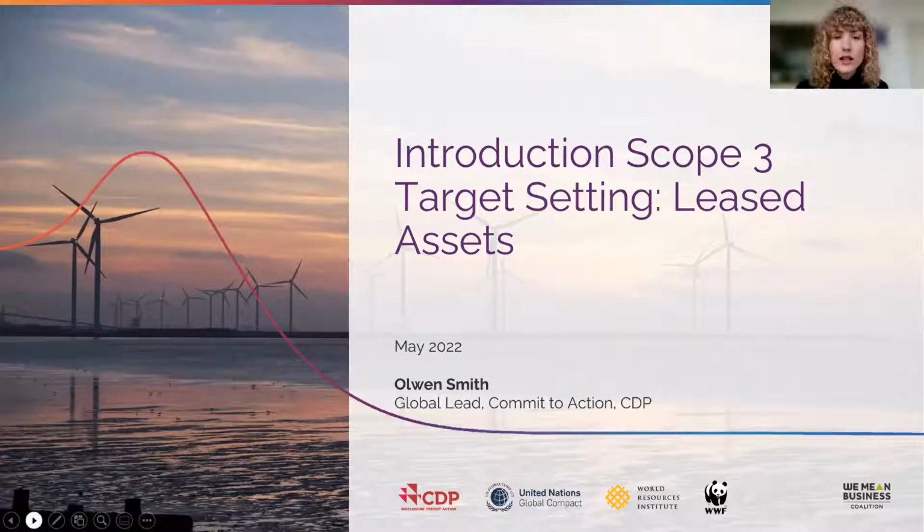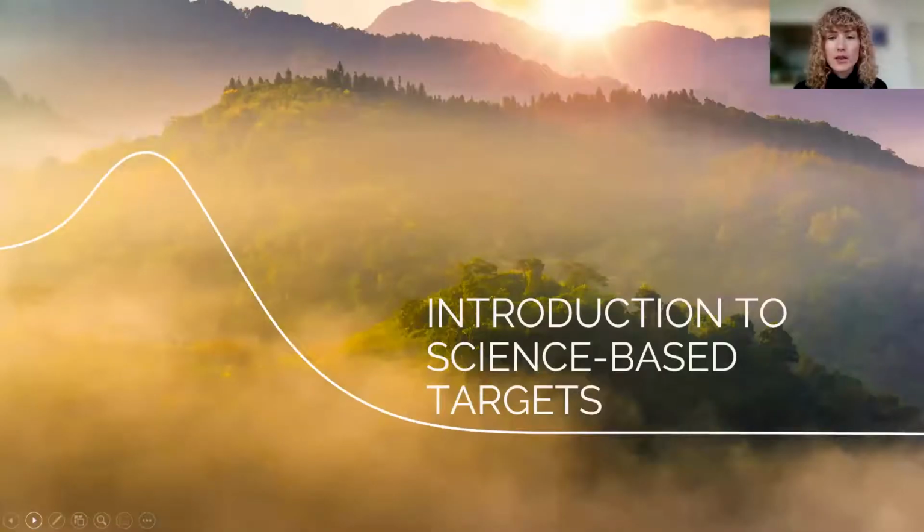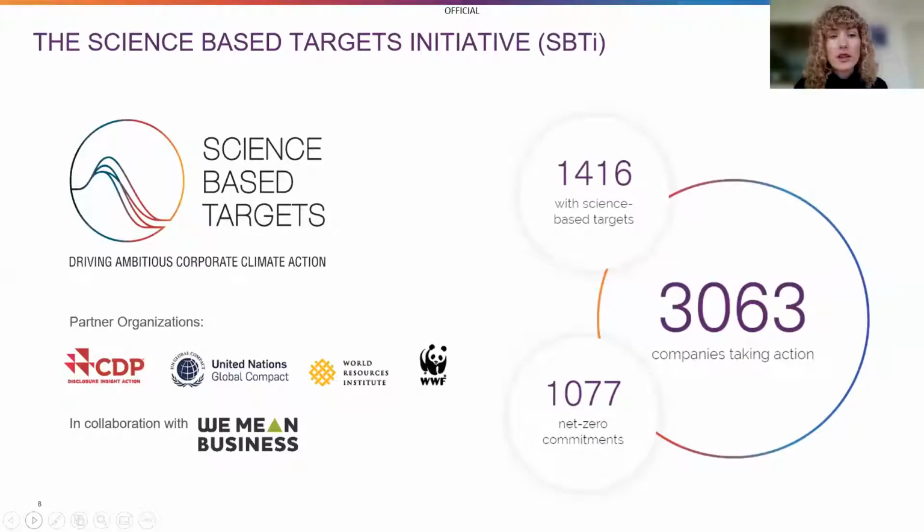So if we go on to the next slide, I'll begin with this introduction to what science-based targets are and a bit of a background actually to the initiative that created them. So on the following slide then we'll see that the Science-Based Targets Initiative was founded as a collaborative initiative between 4 founding partner organizations, which are CDP, the United Nations Global Compact, the World Resources Institute, and WWF.